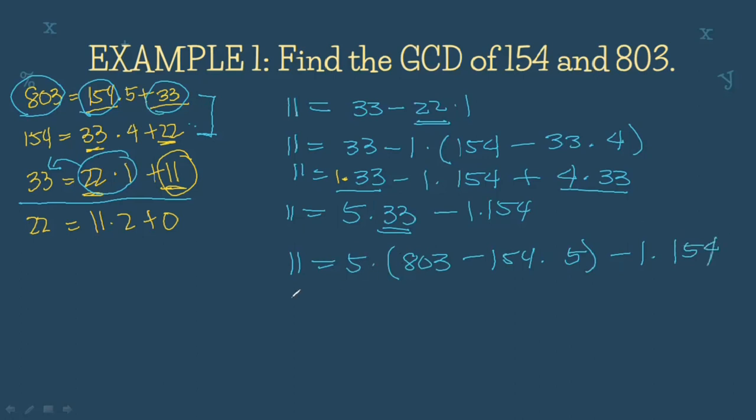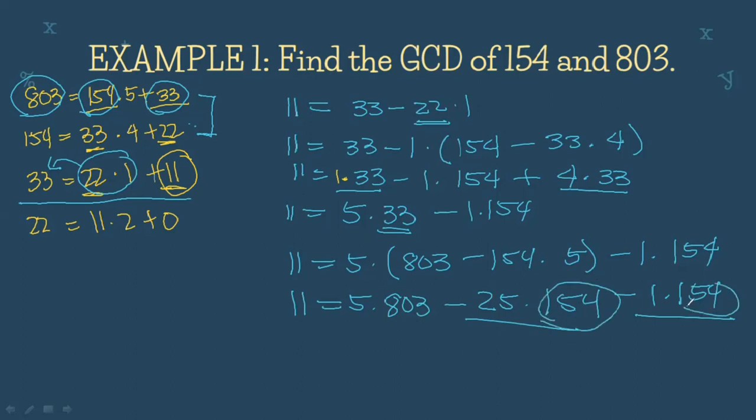Ngayon po, distribute po ulit. 11 is equal to 5 times 803 minus 5 times 5, that is 25 times 154, minus 1 times 154. So, combine like terms lang po itong dalawa kasi magkaparehas pa rin naman po siya na 154 yung last.